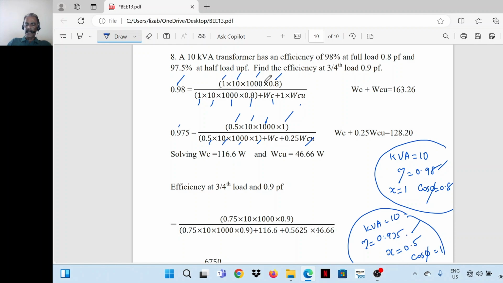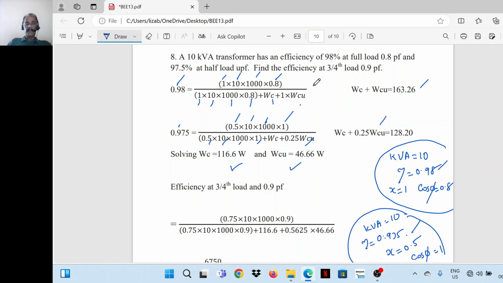So first equation can be simplified to WC plus WCU is 163.26. Second equation, WC plus 0.25 WCU is 128.28. Solving this, we can get WC is 116.6 and WCU is 46.66.